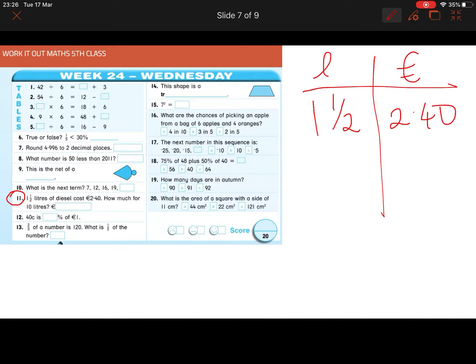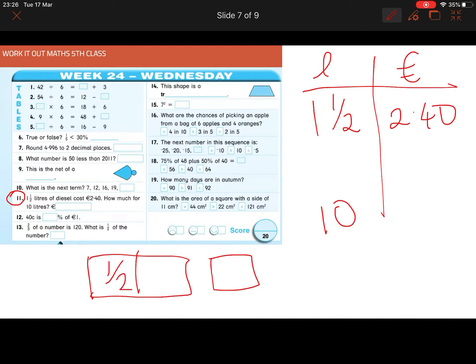Let's put it in a T-chart. We're looking for 10 litres. So here we have 1.5. We have how many halves? We have 3 halves.